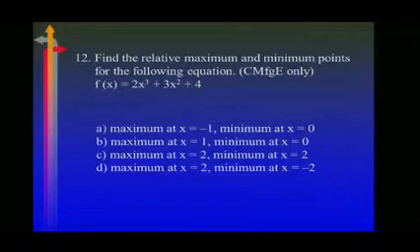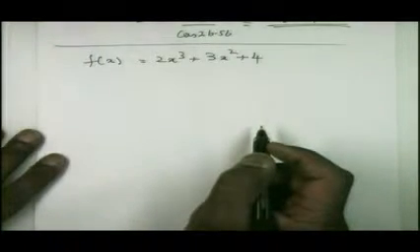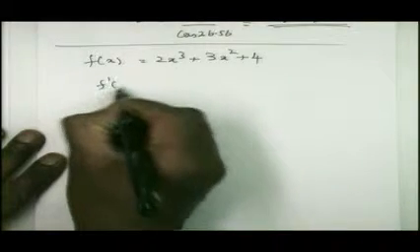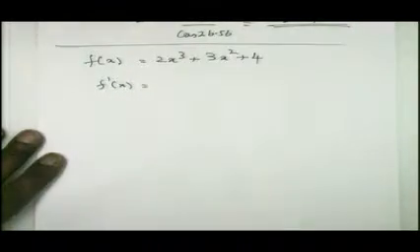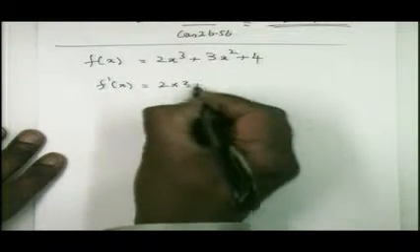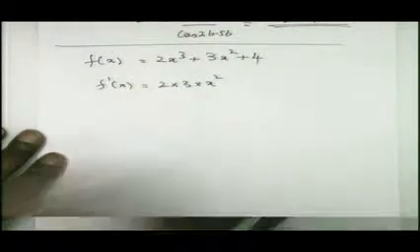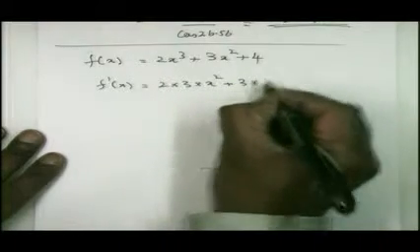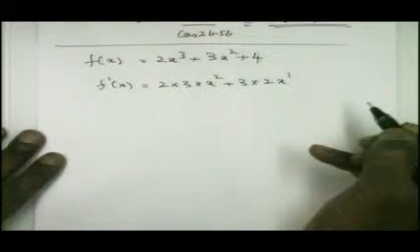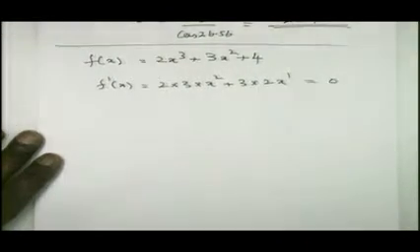Let's go to the laptop. f prime x is going to be 2 times 3 times x squared, plus 3 times 2x, plus 0. The derivative of this 4 is going to be 0.